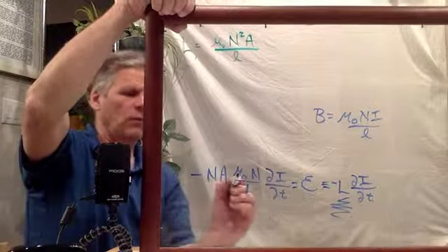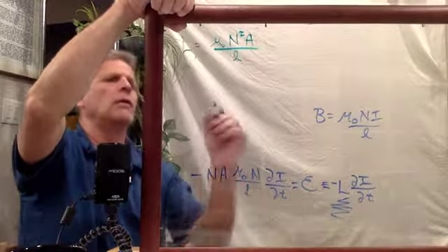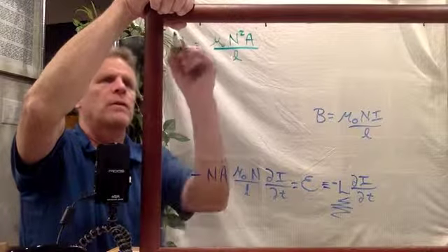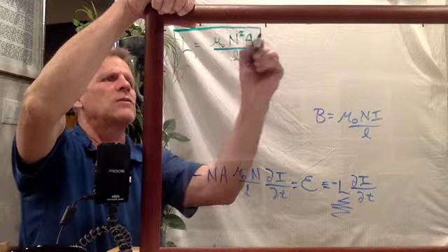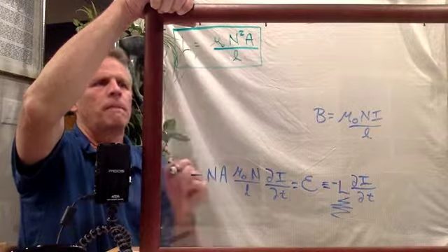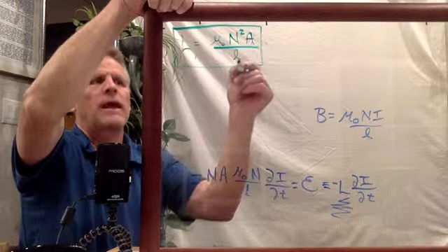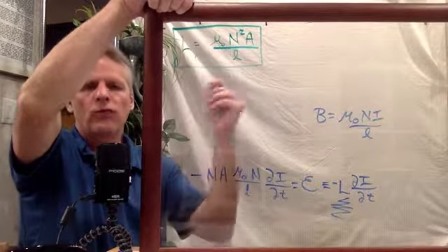Nope, that's it. So this is the inductance of a coil, a coil of area A, length L, and number of turns N.